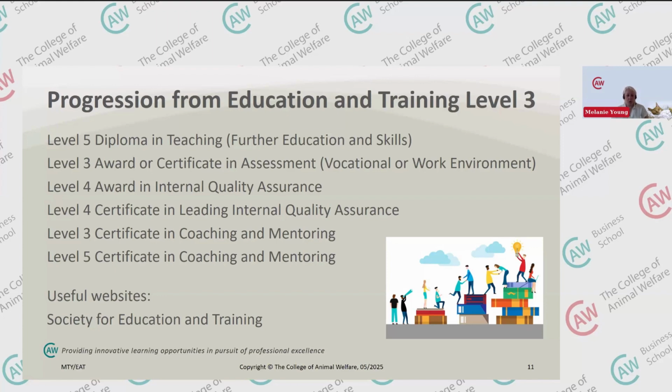So once you are an assessor and you have been practicing for and are confident in that role, you may want to progress and become an internal quality assurer and support other assessors within your organisation. And then there is the last qualification in that suite, which is the certificate in leading internal quality assurance. So that is if you manage a group of internal quality assurers and in turn a group of assessors.